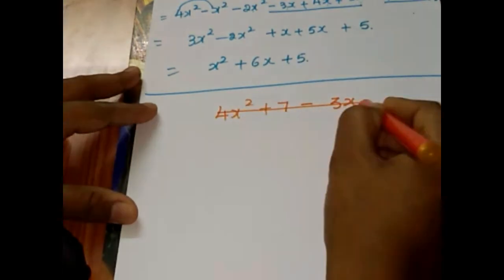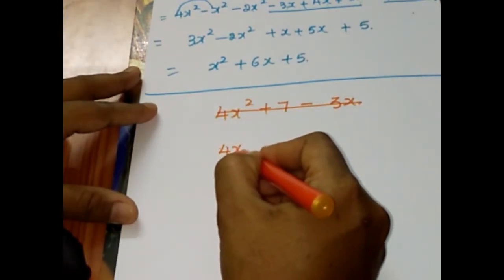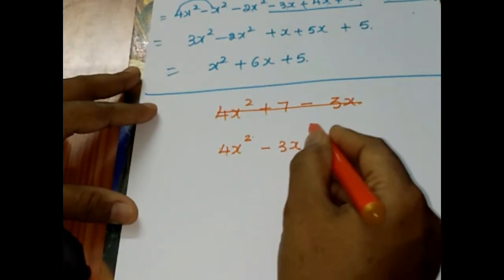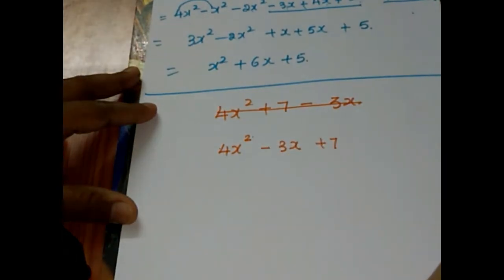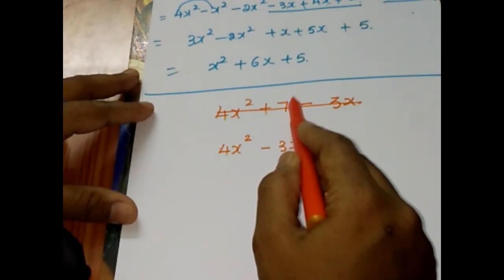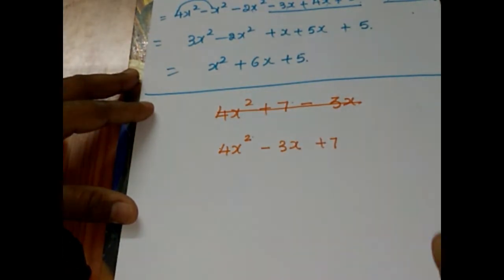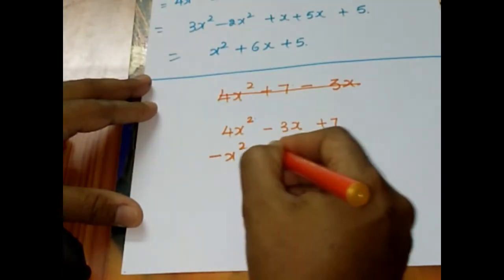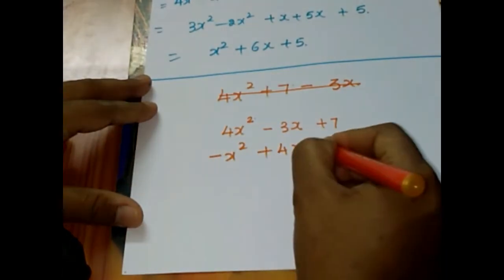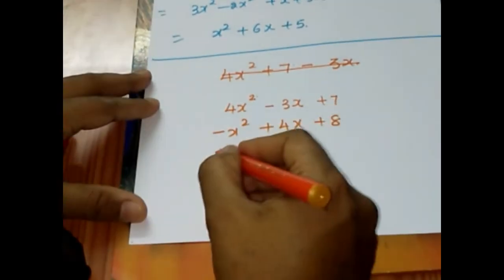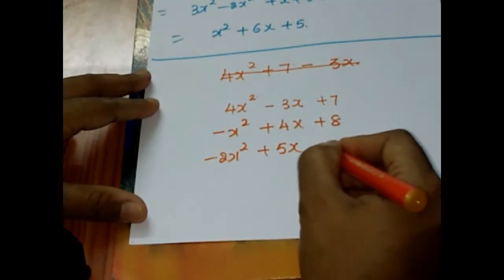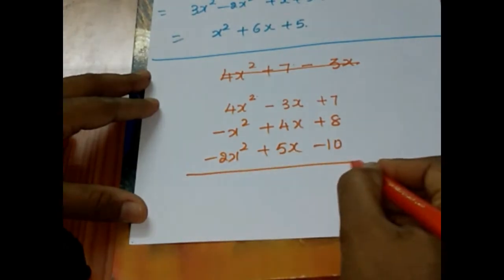We write the degree with greater value first, then degree 1, then the constant. This is not wrong, but this is the correct method to write. Okay, second one, minus x square plus 4x plus 8, minus 2x square plus 5x minus 10.